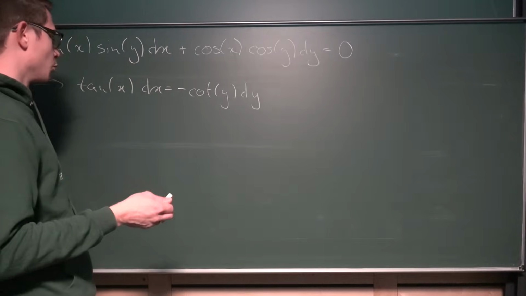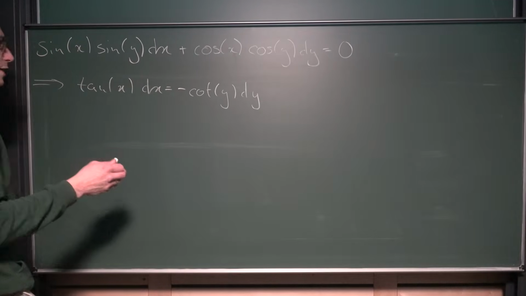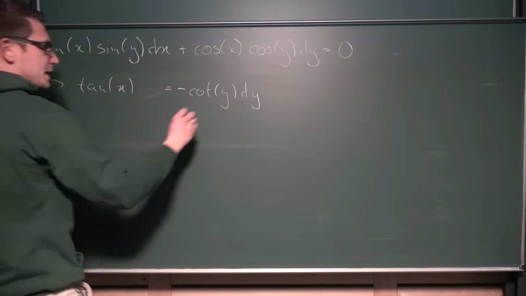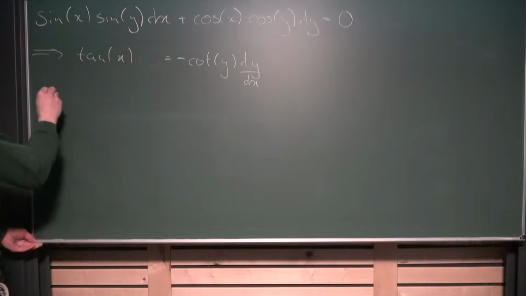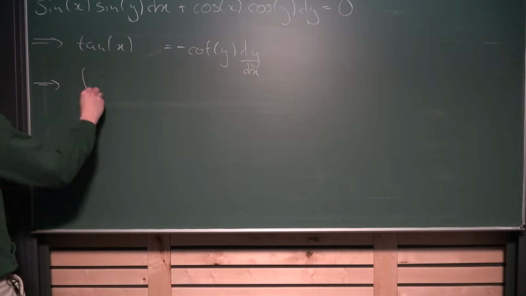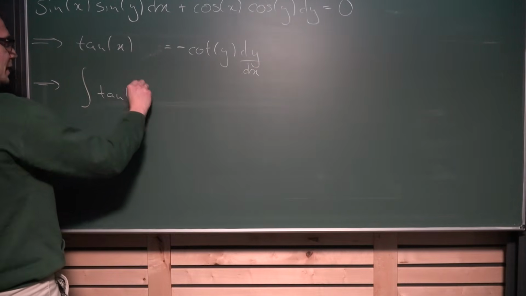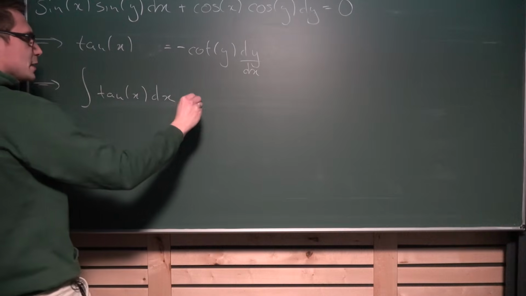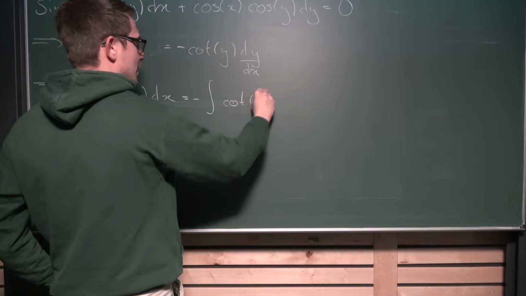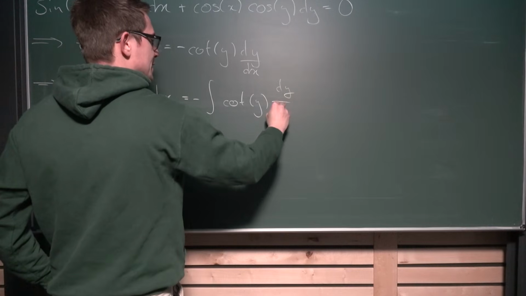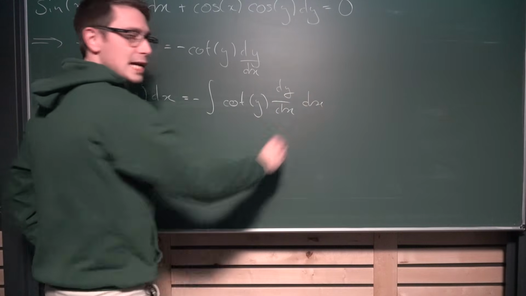This would also work. So by doing this integration step, we are going to end up with the integral of tangent of x dx is equal to negative the integral of cotangent of y dy dx integrated with respect to x.